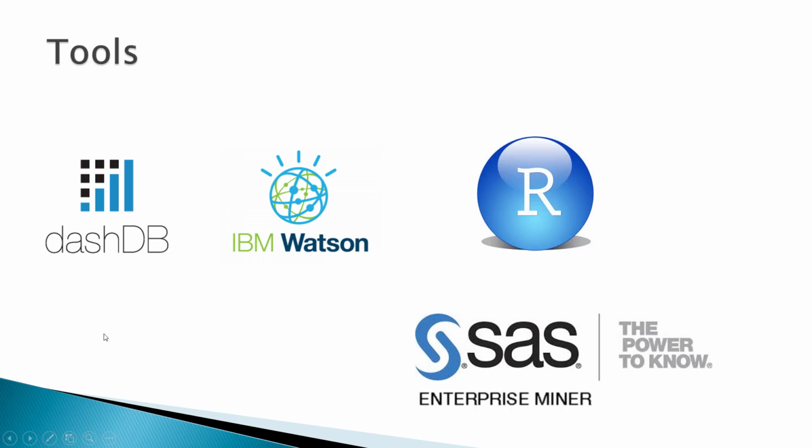In terms of tools, I'm using DashDB because I have about 2.7 million records in one of the data tables, and it's very hard for me to use my desktop resources to process that much data. So I'm using DashDB or DB2 on IBM Warehouse, which is a cloud-based database, to do my initial data preparation.